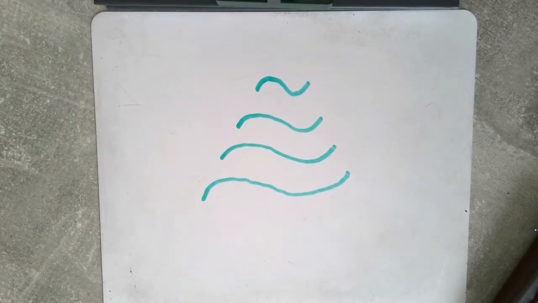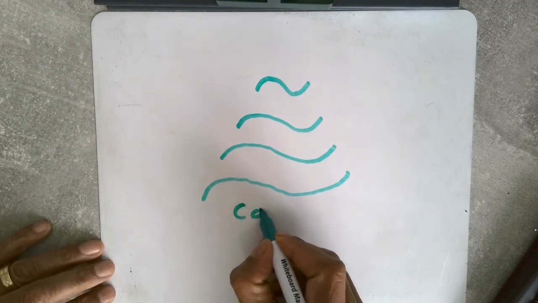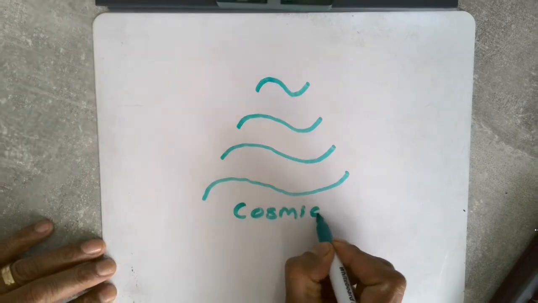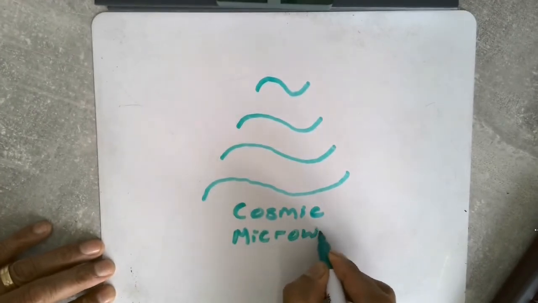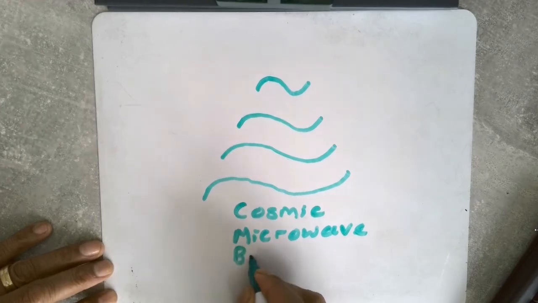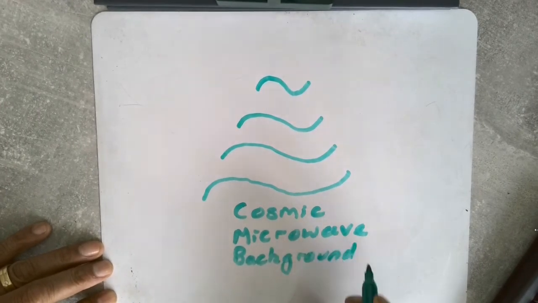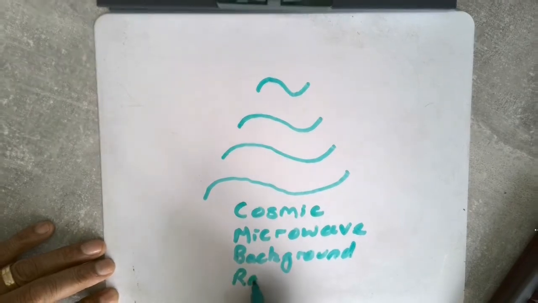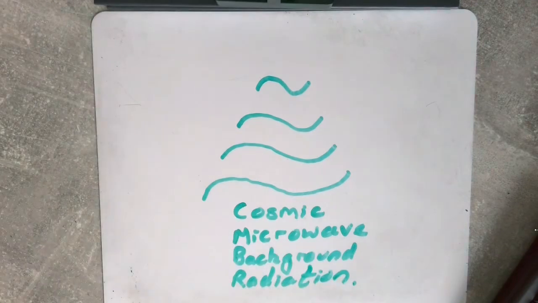Wherever we look, we can detect this radiation, and so we've given it a name, the cosmic microwave background radiation.